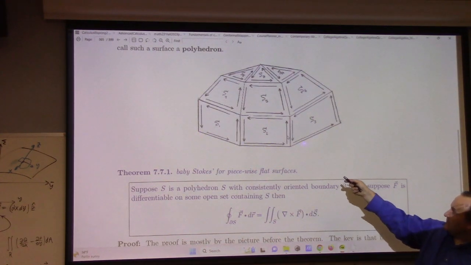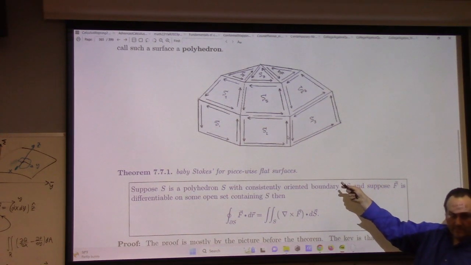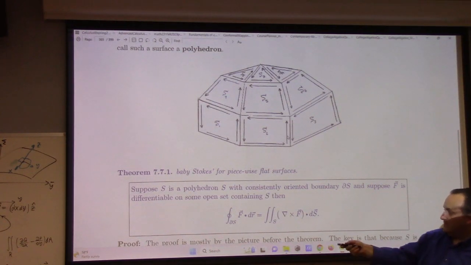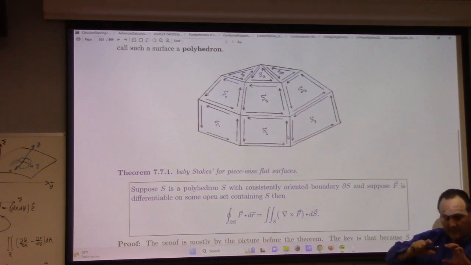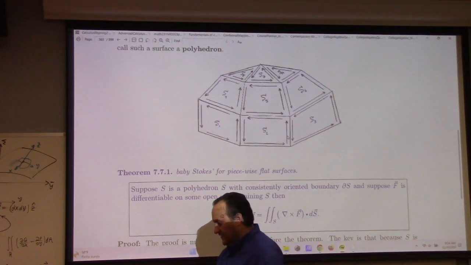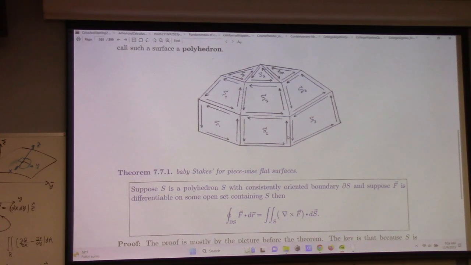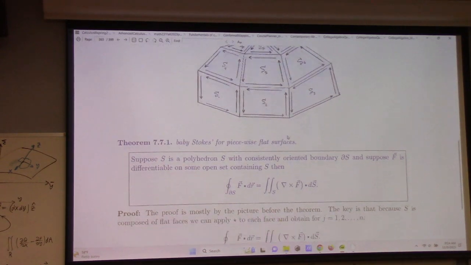Where it's an exterior edge. So that's why if we think about S as a polyhedron, we get this theorem, because we can apply the theorem on each face. When we add the integral up over all the faces, the area integrals just give us the total integral, which is the surface integral. And the line integrals conspire so that all the interior edges cancel.